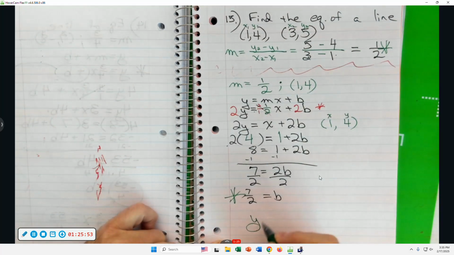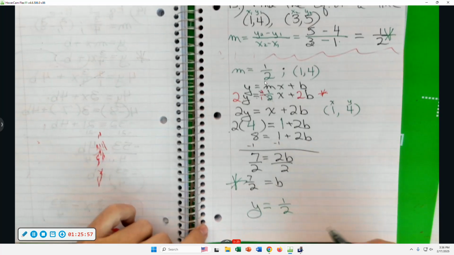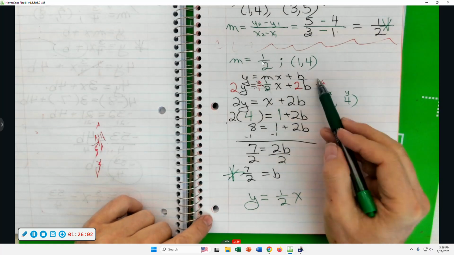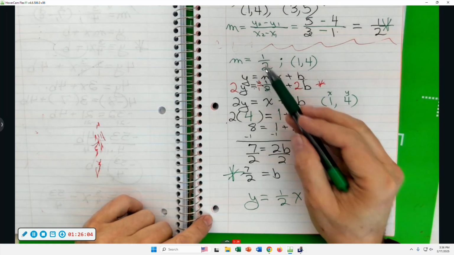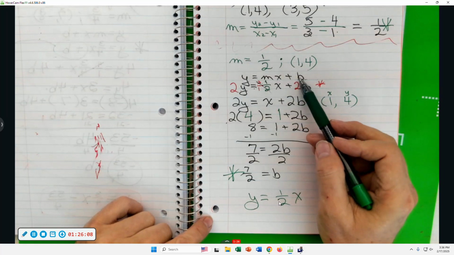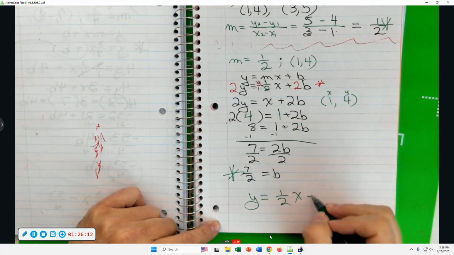So y equals, replace the m with 1 half. y equals mx plus b, the m is 1 half. What am I going to write in place of the plus b? Plus 7 over 2.